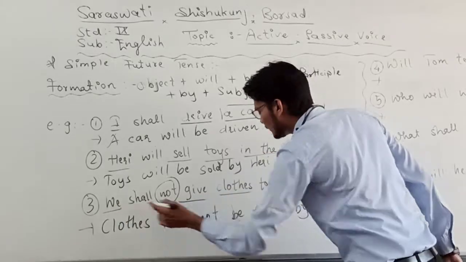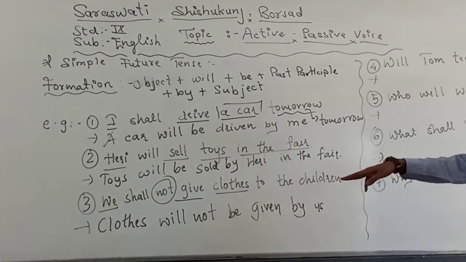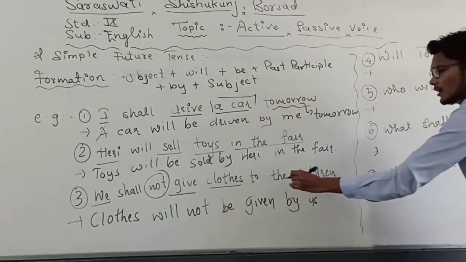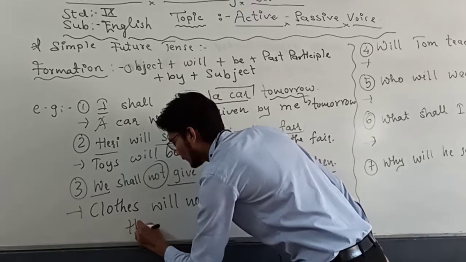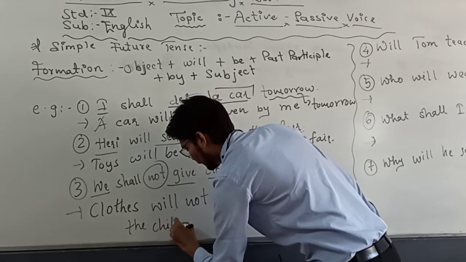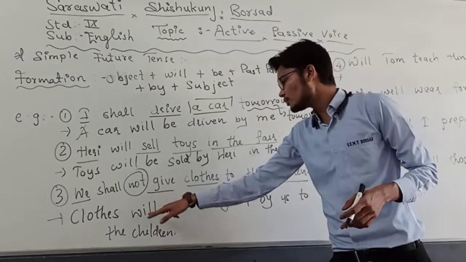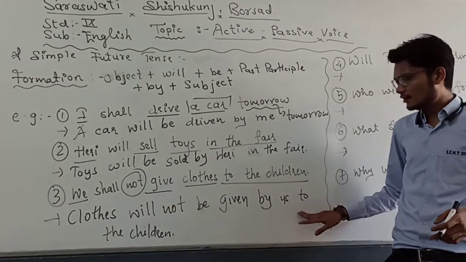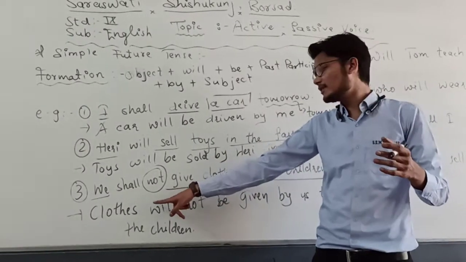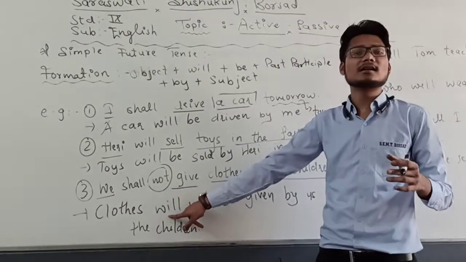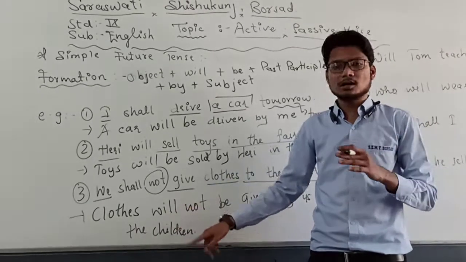Your subject is we. That's why it is going to change to us. Clothes will not be given by us, and to the children is considered as other words. To the children. So this is your answer. Clothes will not be given by us to the children. Even if shall is given in your sentence, don't use shall here. Otherwise, it can be considered a wrong answer.